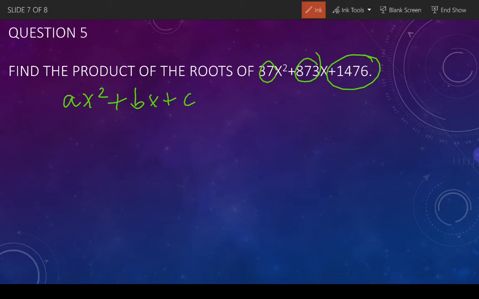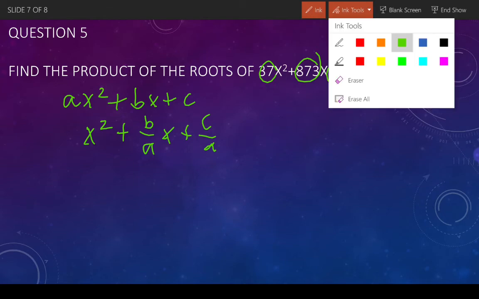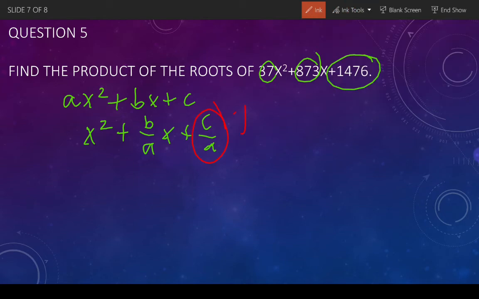And then if you're going to rewrite this, na ang numerical coefficient ng x squared natin ay 1, so magiging x squared plus b over a x plus c over a. At ang tawag dito sa part na to, this is the product.